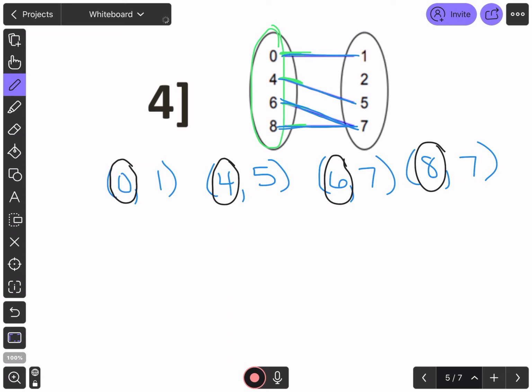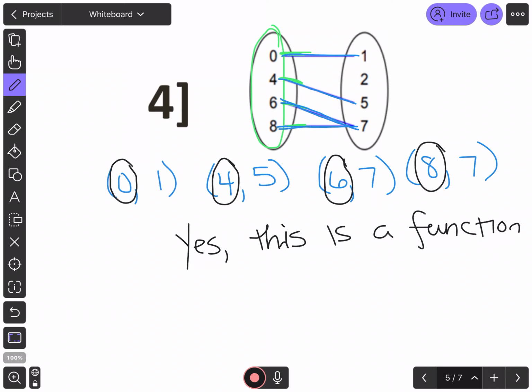So none of these x values repeat, so therefore, yes, this is a function, because no x value repeats.